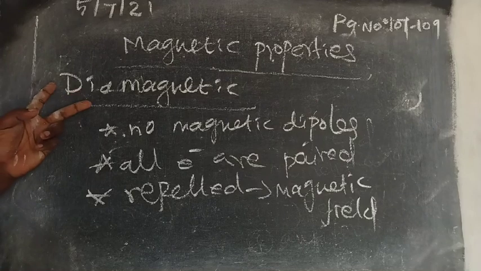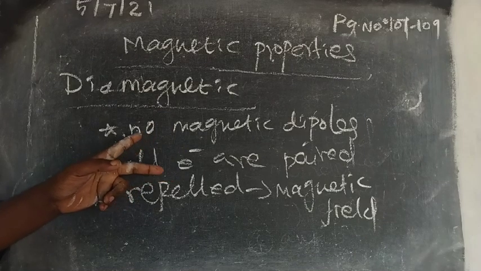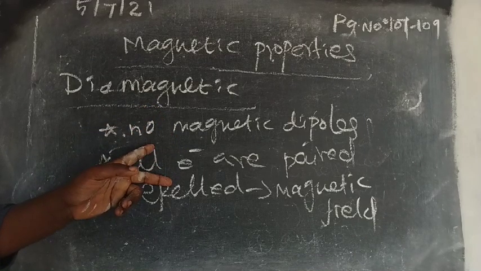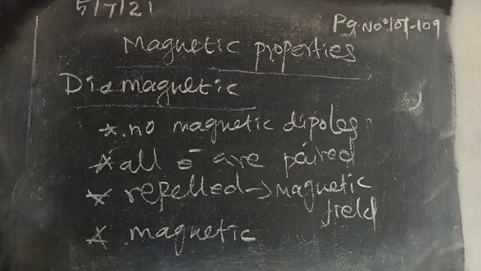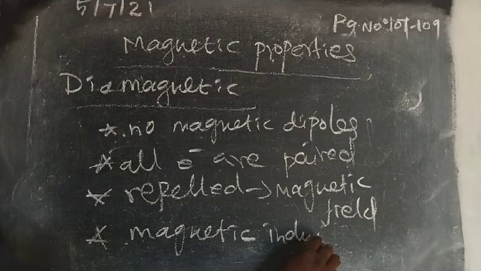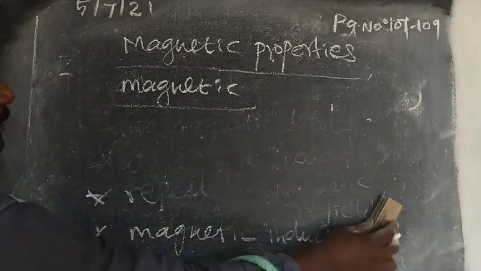So a diamagnet does not have any elementary magnetic dipoles because all the electrons are paired, but it is repelled by the external magnetic field due to induction. Let us see about paramagnetic material.